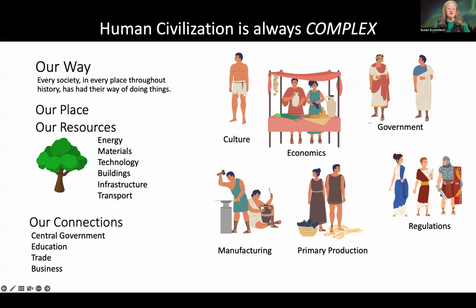So it really helped our survival to make friends with energy. We also use materials. We have our own technology, the kind of buildings that are built, the infrastructure that's used, the way people get around. Just look at any society that we've ever known in any place, and you'll see that each has their own way of doing these things.